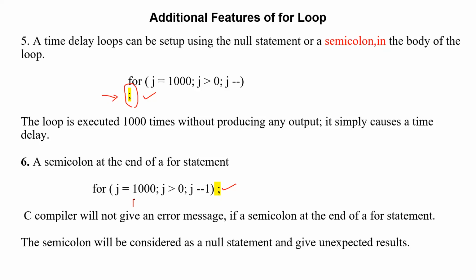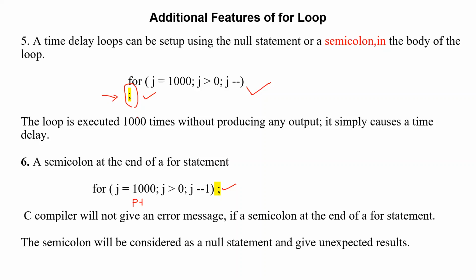So the printf statement we might have given immediately after this for loop. Sometimes we use this to delay the execution of a C program, 1,000 times. If you give 5,000, it will delay by 5,000. Got it? A small delay, because the for loop keeps iterating 1,000 or 500 times.